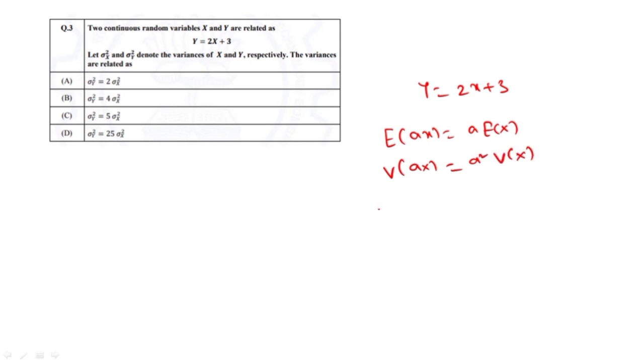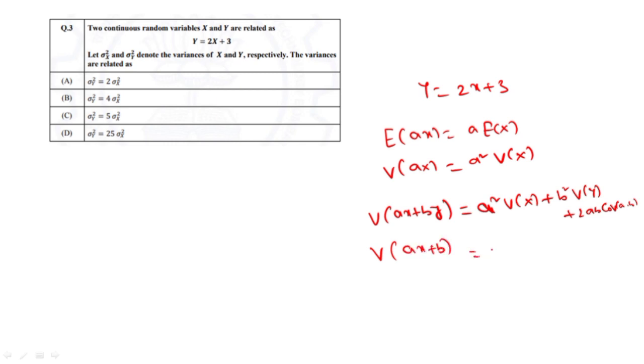So similarly, variance of ax plus by is a square times variance of x plus b square times variance of y, plus 2ab times covariance of a comma b. That's another way, and for variance of ax plus b only, this will be a square times variance of x plus 0.